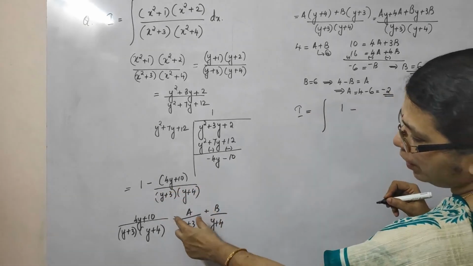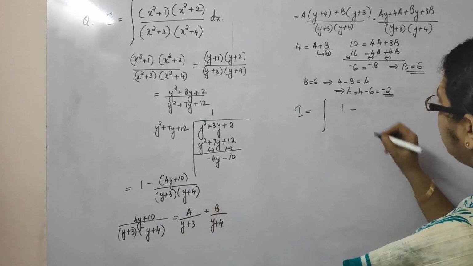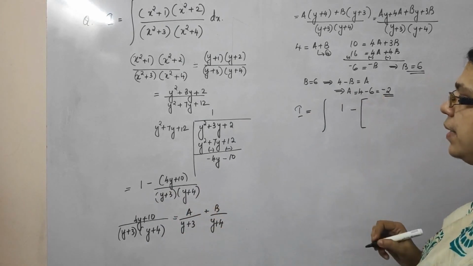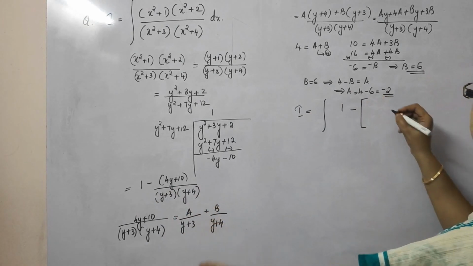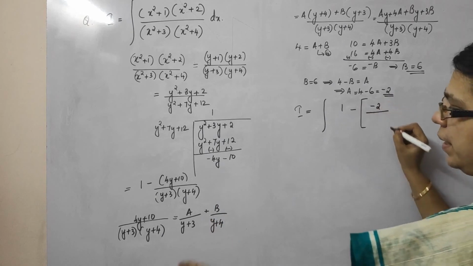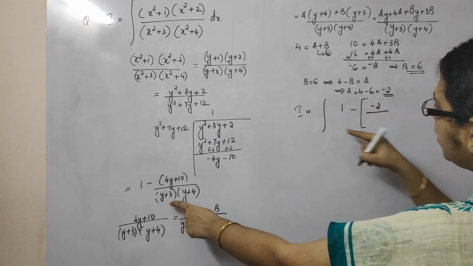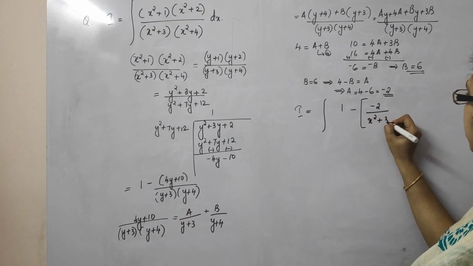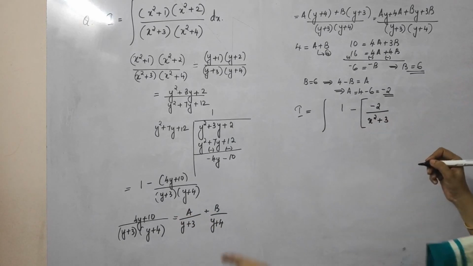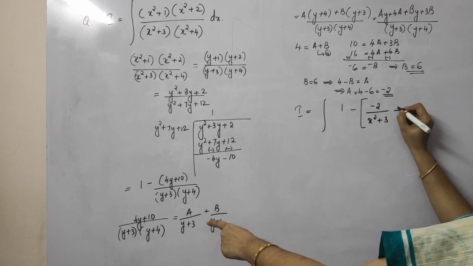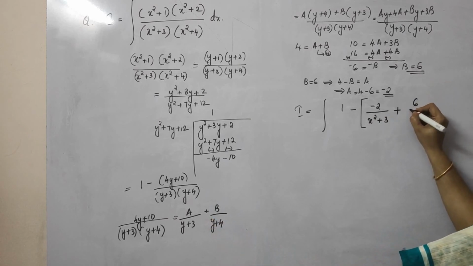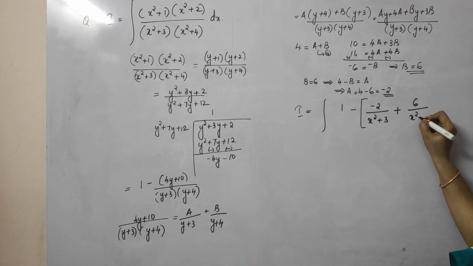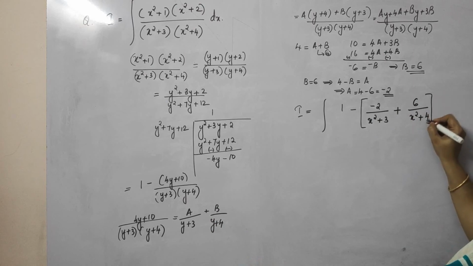Now, a value you have, b value also you have. So I can write inside the bracket: a is minus 2 by (x² + 3), since I have put the integral, y is x². Then plus b, which is 6 by (x² + 4), dx.